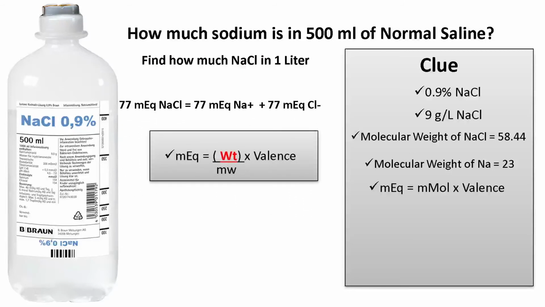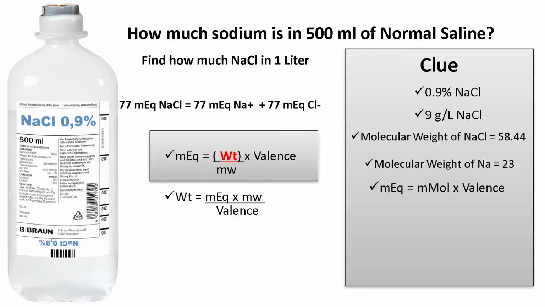Now we know the equation milliequivalent is equal to weight by molecular weight multiplied by valence. Now we interchange the places to find the weight formula. So the weight is equal to milliequivalent multiplied by the molecular weight and divided by the valence.